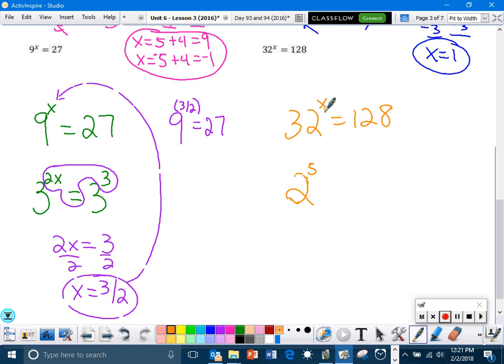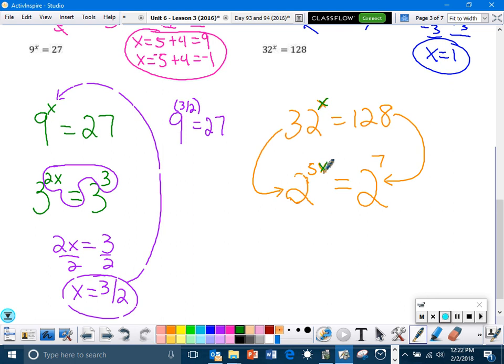Now again, there's an x there already, so I'm going to write 2 to the 5x power equals 128. Okay, 2 to what power is 128? Well, that would be 7. So I rewrote 32 as 2 to the 5th, and 128 as 2 to the 7th, and then I put the x back on the exponent.